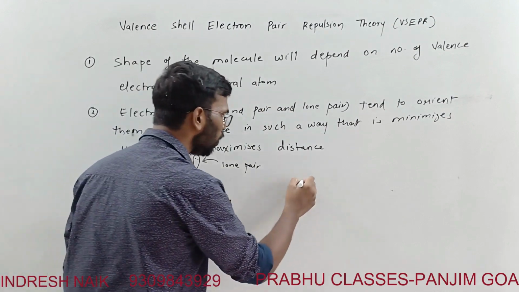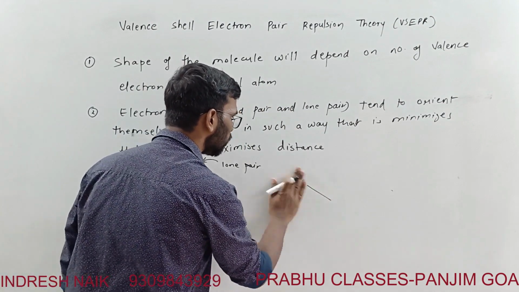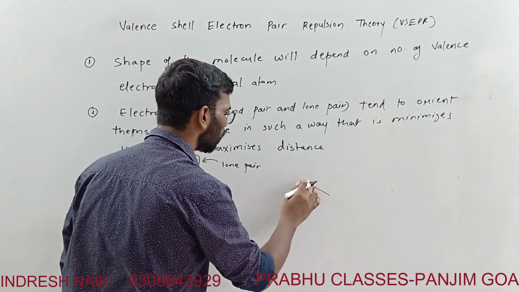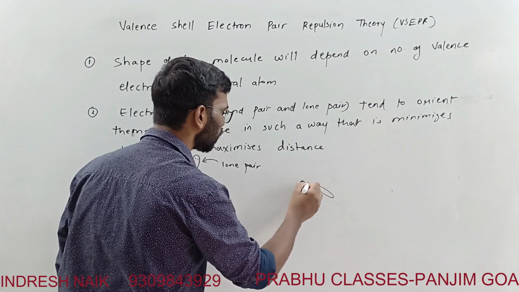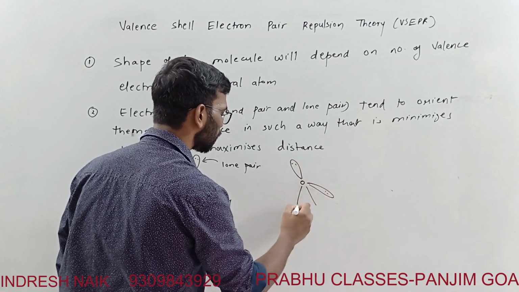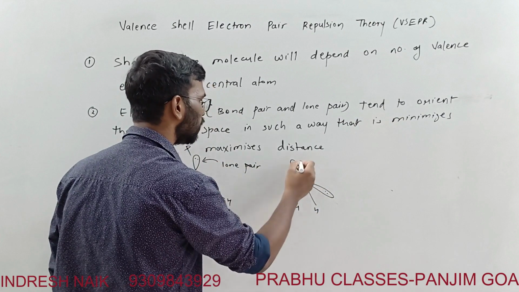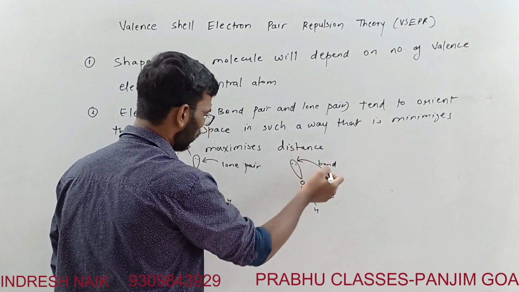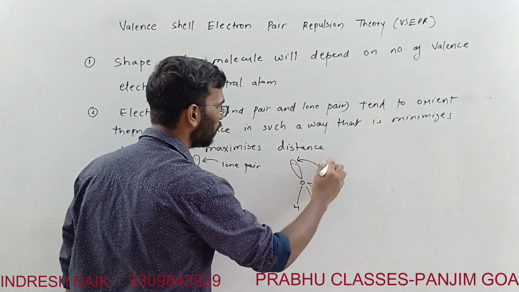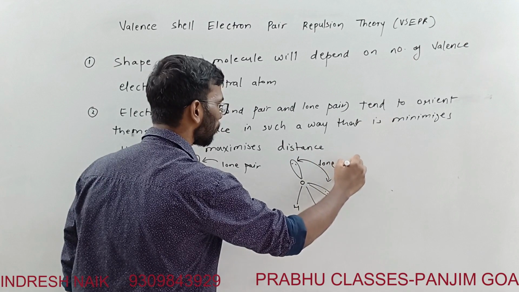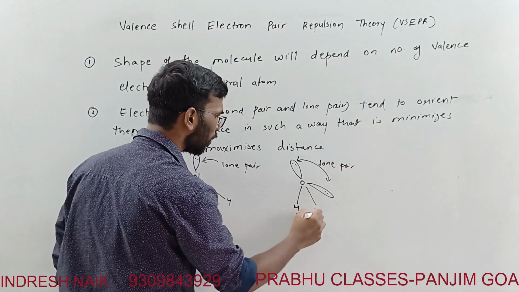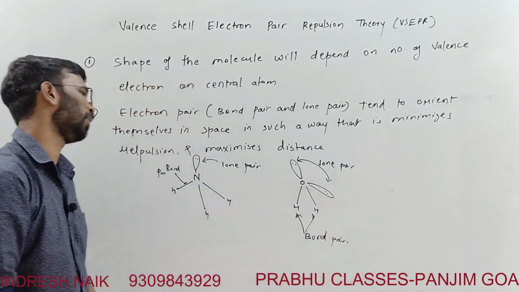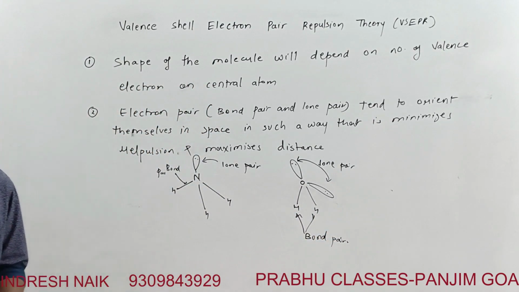In the water molecule, these are the two bond pairs and these are the two lone pairs. This is the definition of the lone pair and the bond pair.